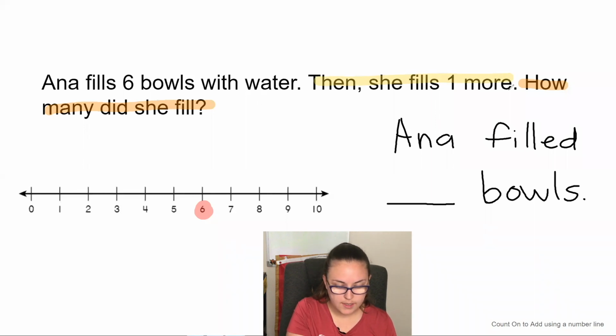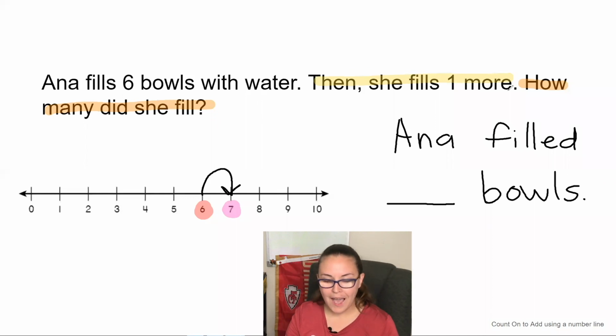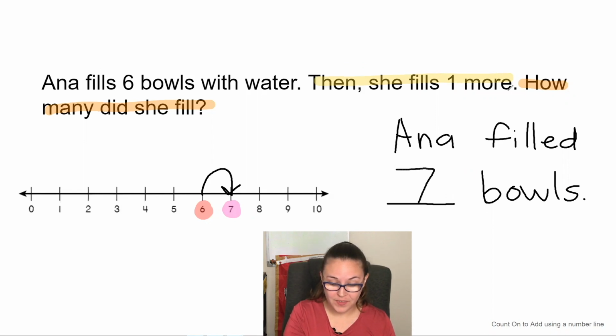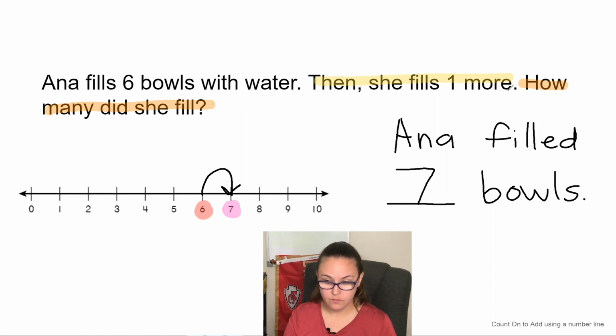So we're going to start at 6 and we're going to fill 1 more bowl. And we landed on the number 7. So can you tell me, how many bowls did Anna fill altogether? That's right, great job. Anna filled 7 bowls altogether.